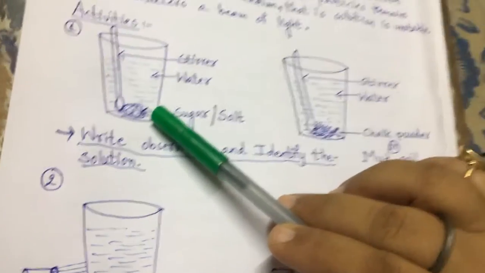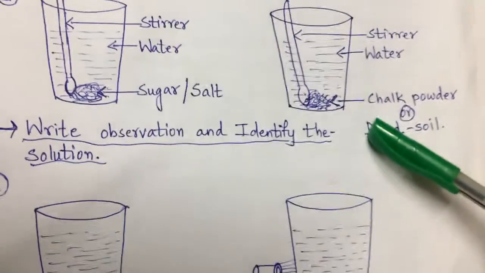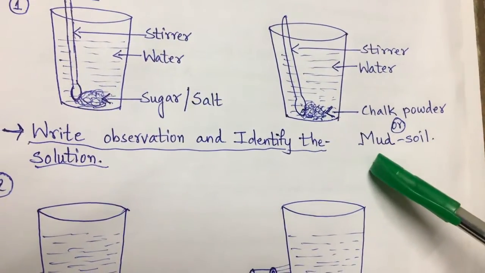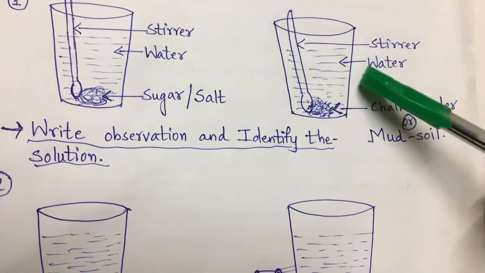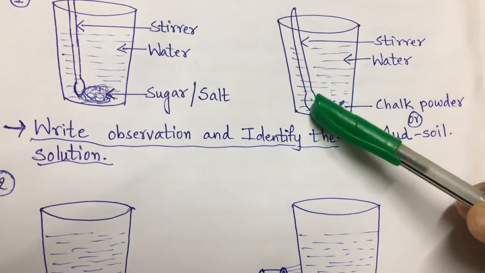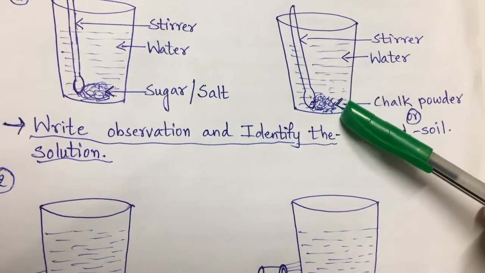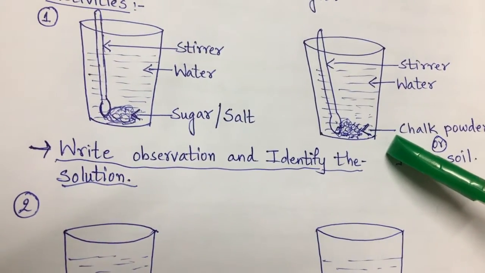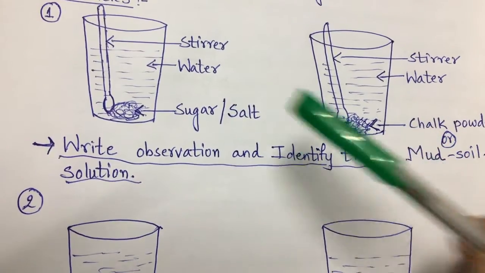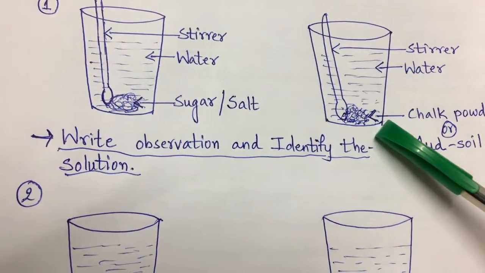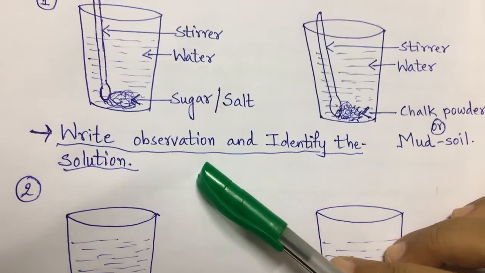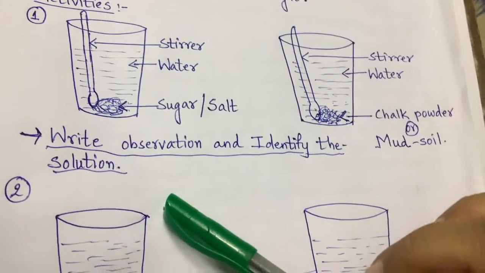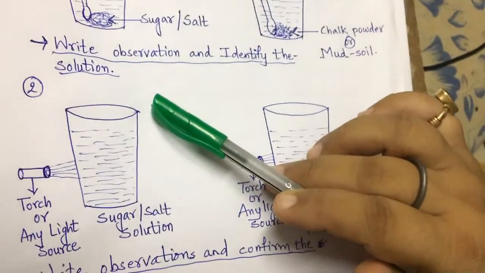Write your observation. Take another glass, take in it chalk powder or mud soil and stir it. After stirring it, let it rest for a while and then observe both glasses A and B. Write your observation and identify whether the solution is a suspension or a true solution.